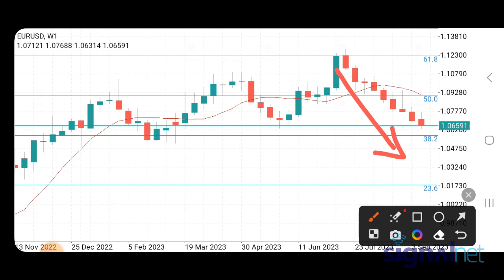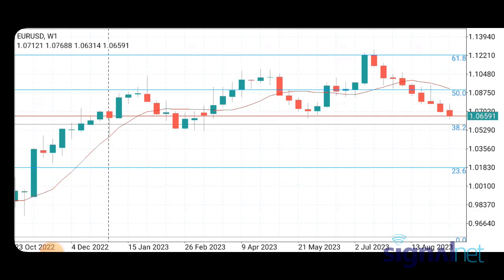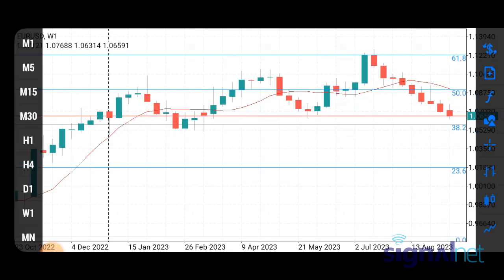Sooner or later we should expect some kind of pullback, because the market doesn't just go in straight lines. It goes up, goes down. Before going further, let me just look at the Pound USD.